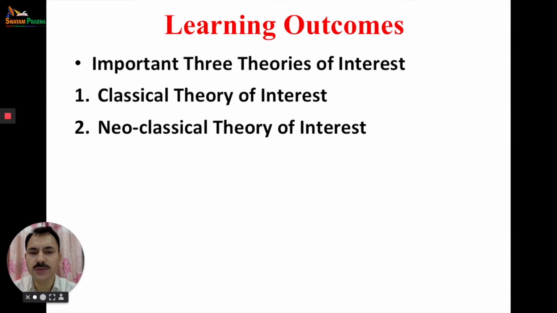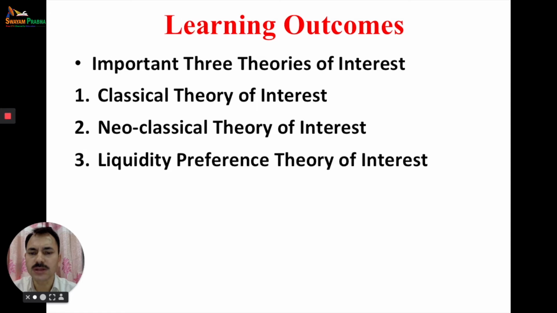The new classical theory basically is the improved version of the classical theory. And the third one is the liquidity preference theory of interest given by Keynes. The whole Keynesian theory is basically a demand side theory. According to Keynes, demand creates its own supply, not supply creates its own demand.